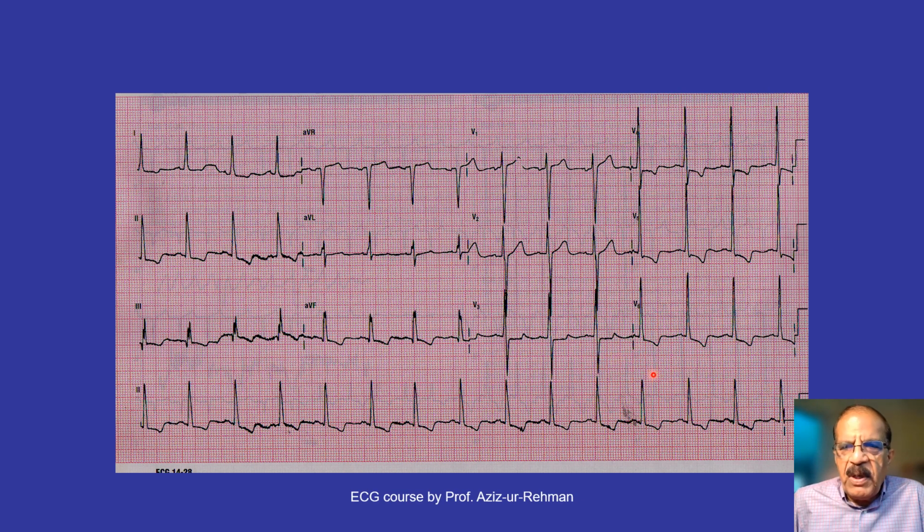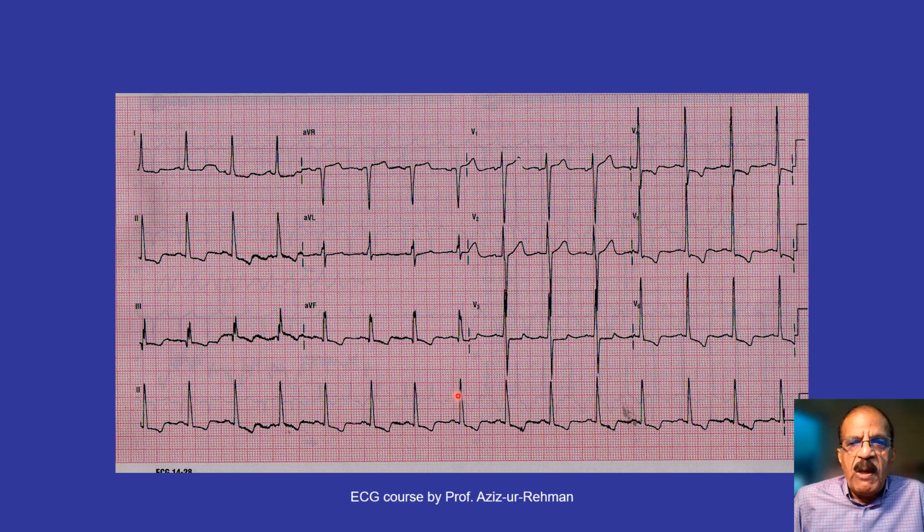Now this is another patient. Suppose this patient was absolutely asymptomatic, and on history you know that this patient is hypertensive, this ECG could pass as left ventricular hypertrophy with ischemia or with strain pattern. But if this patient gives history of acute resting chest pain, this could also be read as NSTEMI.